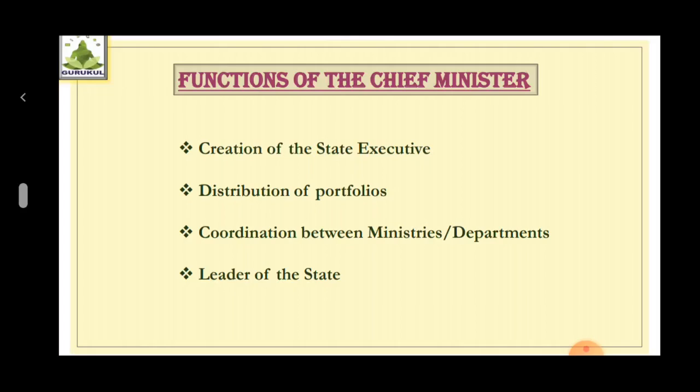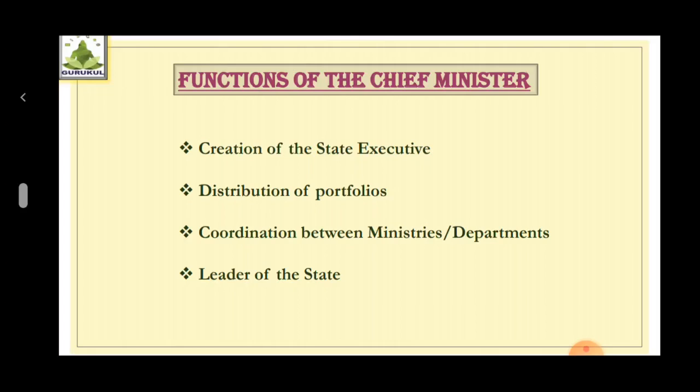After proving the majority, the Chief Minister forms his or her Council of Ministers. This is a challenging task because in order to make the council more representative, various regions and social groups like scheduled castes, scheduled tribes, other backward classes, women and minorities have to be accommodated.